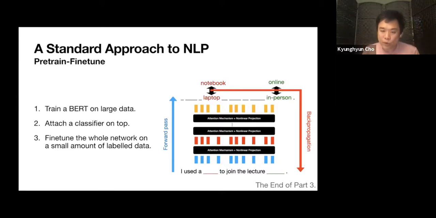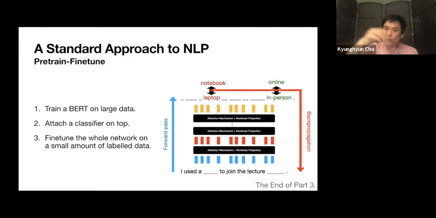Once this BERT is trained, or we can now call it pre-trained because we're going to train it further, we attach a classifier on top, just like the multi-layer perceptrons or fully connected networks from the computer vision lectures that you have already taken. Then we fine-tune the entire network that consists of this BERT that extracts the contextualized word vectors and this newly attached classifier on top of that.